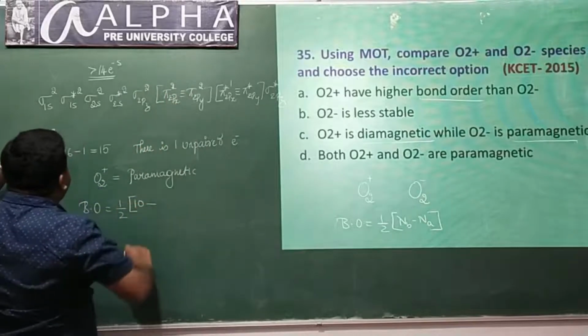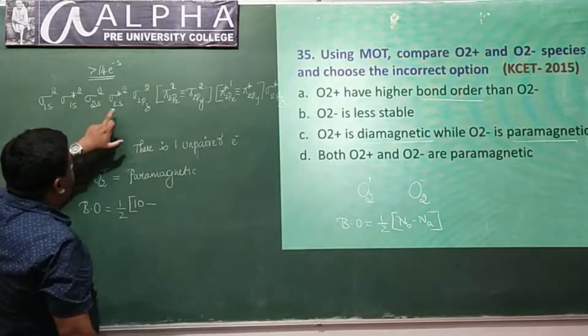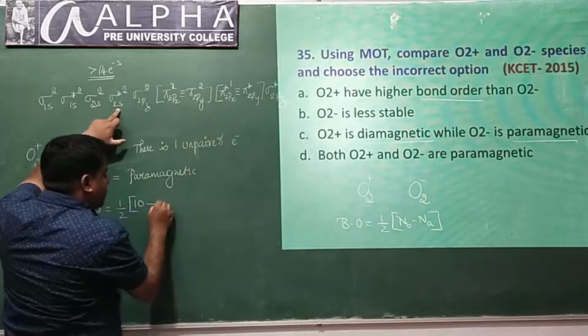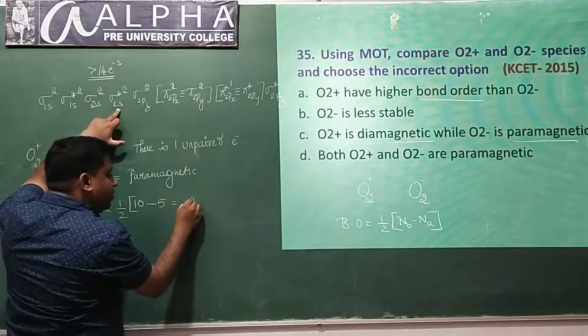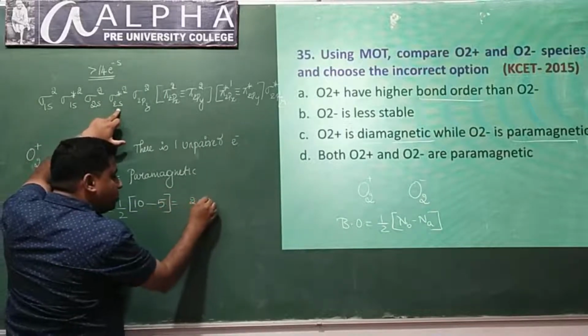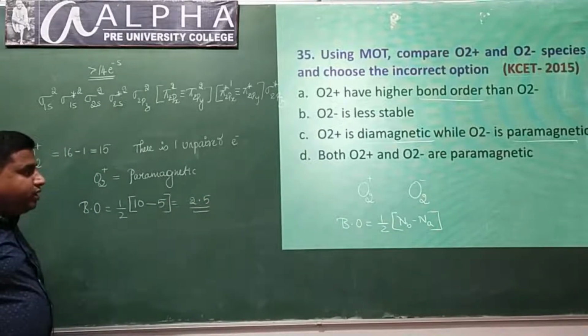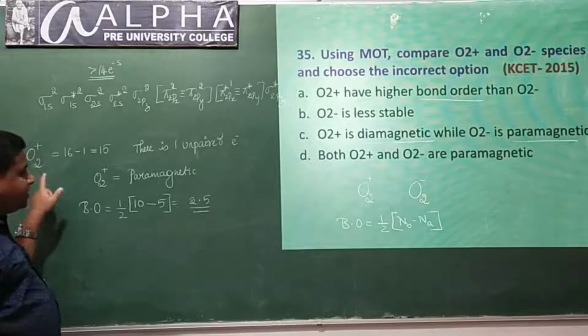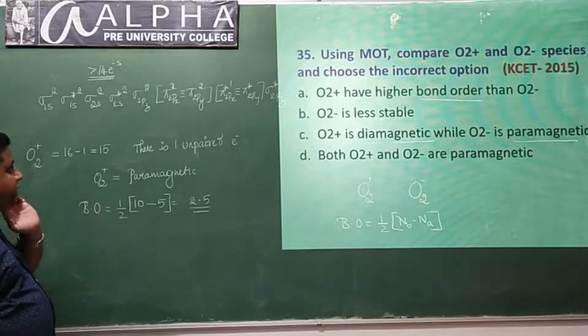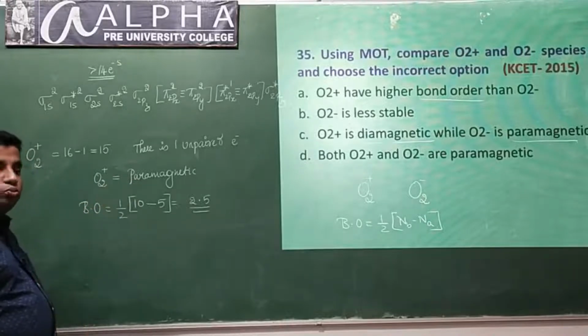Anti-bonding electrons: 2, 4, 5. So 10 minus 5 is 5, and 5 by 2 is 2.5. The bond order of O2 plus is 2.5. O2 plus is paramagnetic in nature and its bond order is 2.5.